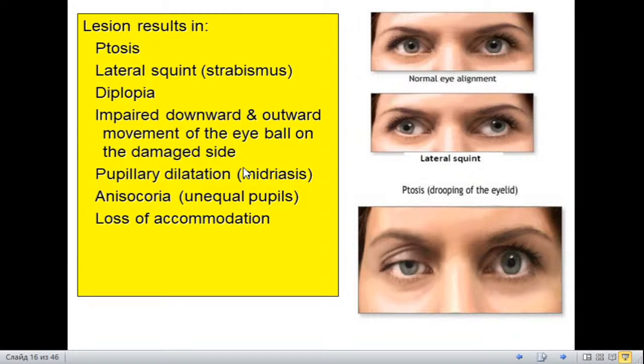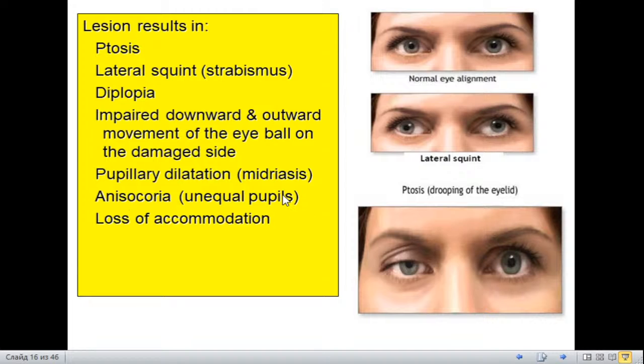Due to the presence of the parasympathetic component, as we said, it supplies musculus sphincter pupillae and ciliaris. Lesion to the parasympathetic component will cause dilation of the pupil, called mydriasis, and if it is a unilateral lesion, it leads to anisocoria, unequal pupils.